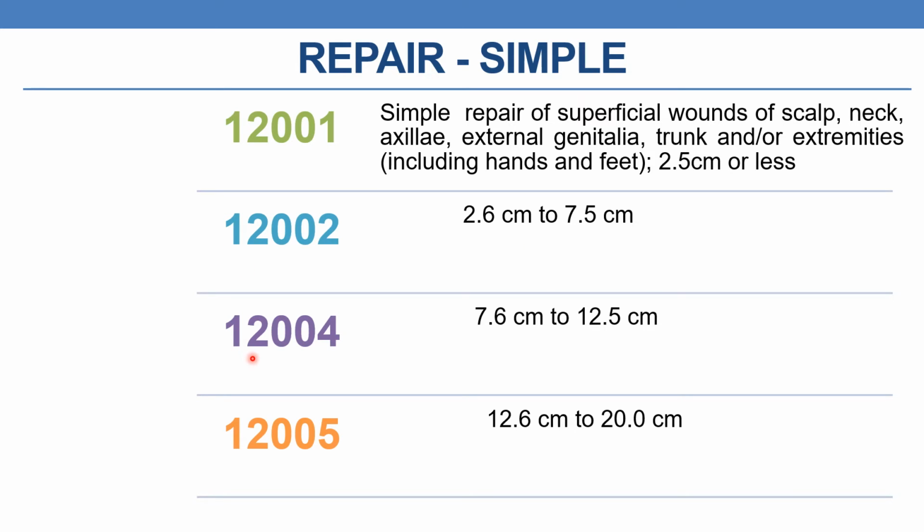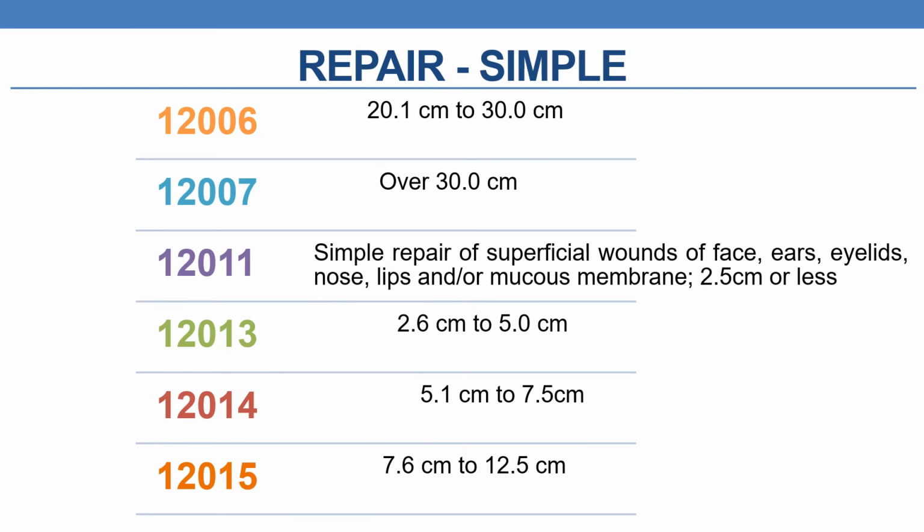The next is 12004. Here the repair length is 7.6 to 12.5 centimeters. Next is 12005. The repair length is 12.6 to 20 centimeters. Now coming to the next CPT 12006. Here the repair length is 20.1 centimeters to 30 centimeters. The next is 12007. Here the repair length is over 30 centimeters.